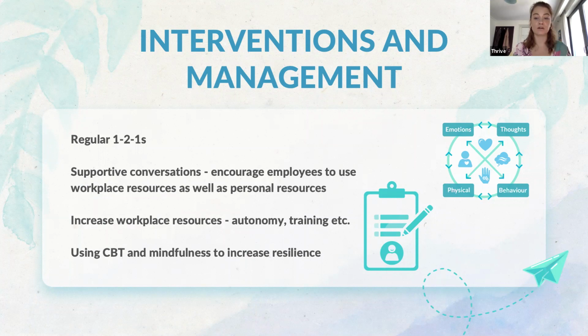So this includes autonomy, making sure that they're able to make decisions in their job role, allowing them to have any training that they feel might help them to perform better or help them to feel that they are developing their individual skills, as well as understanding what skills they do have and whether they are managing to use all the skills that are available to them, because sometimes they might feel that they have some skills which they are not able to use in their daily work, which they could start applying somewhere.